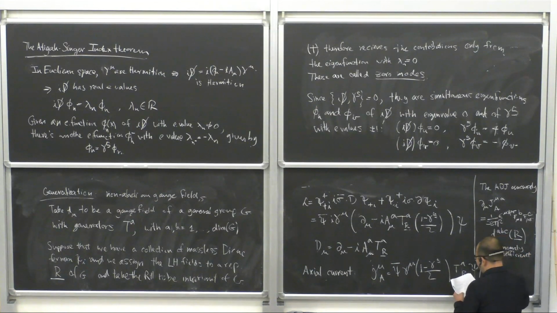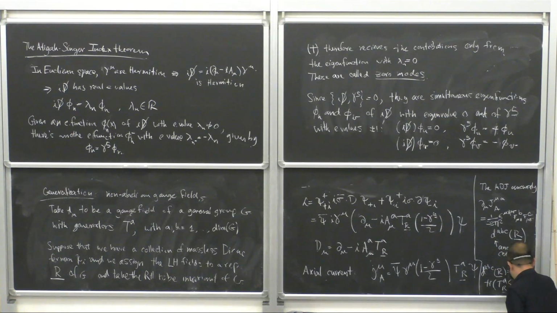It is defined as follows. d^{ABC}(R) is the trace of T^A in the representation R, T^B in the representation R, and T^C in the representation R, close bracket. Can you see this clearly?